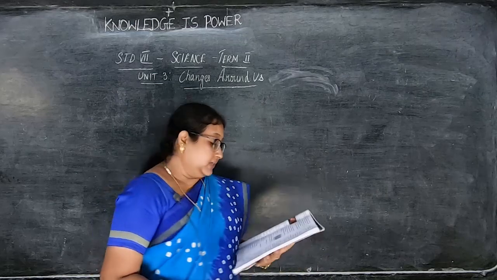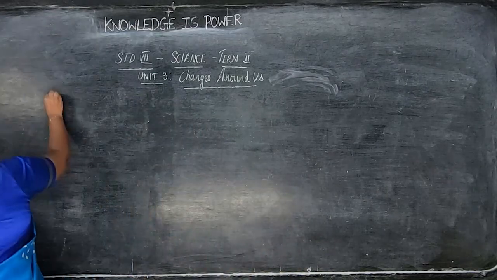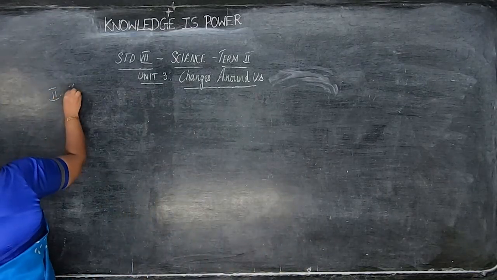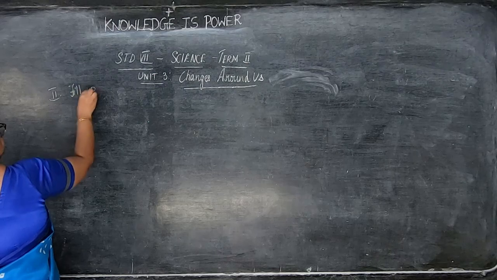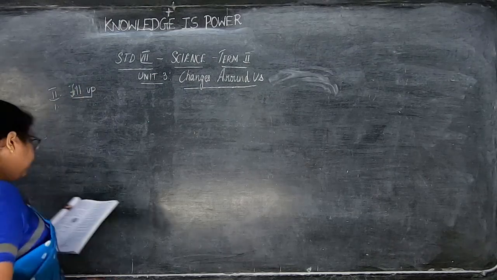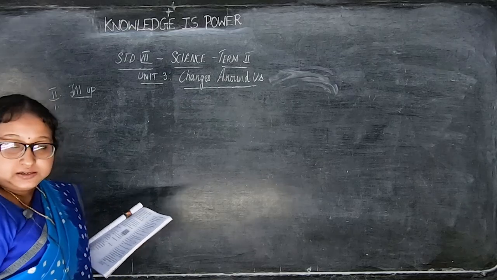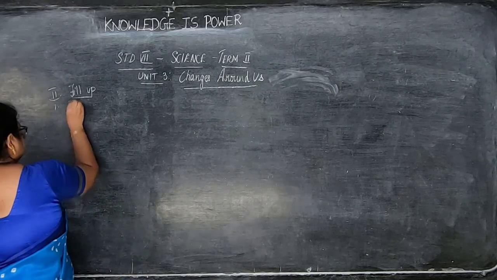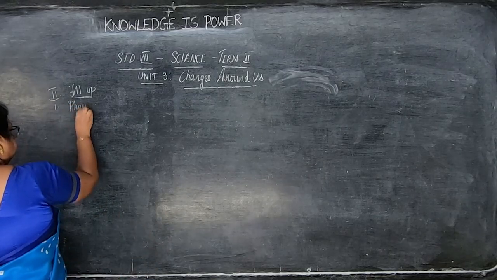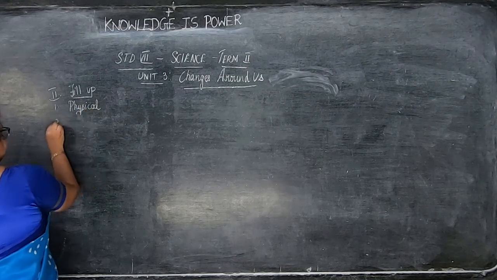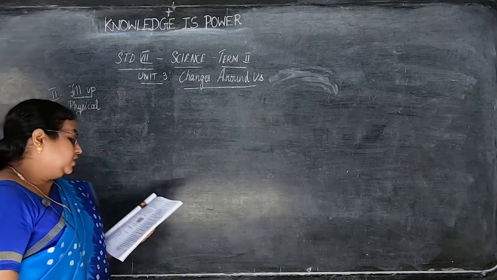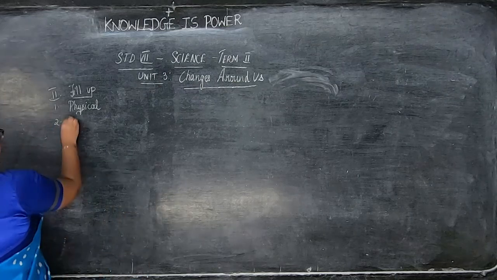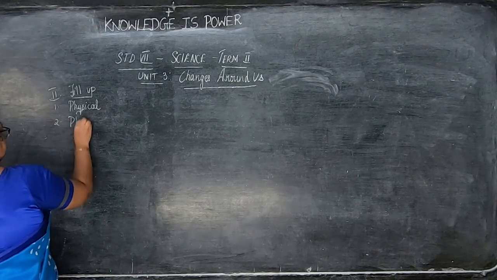The next, fill in the blanks. Number 2. Fill up. First, filling up a balloon with hot air is a dash change. Answer is physical change. And second, stretching gold coin into a ring is a physical change.